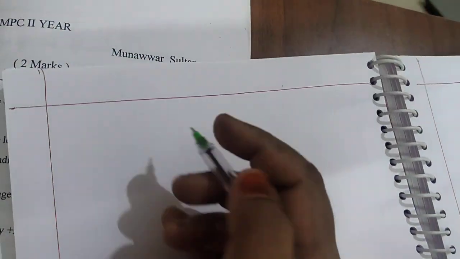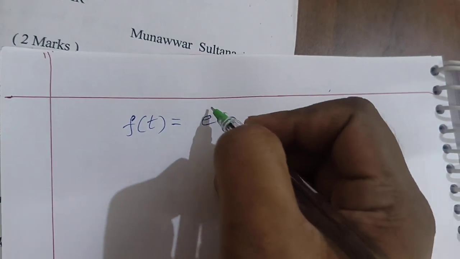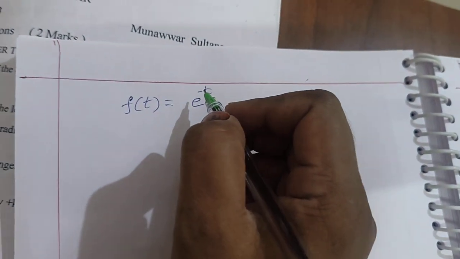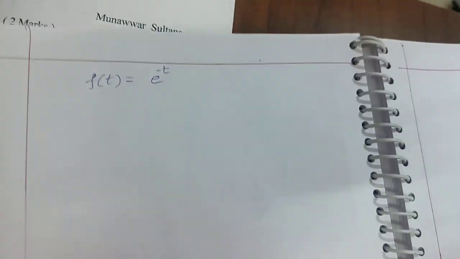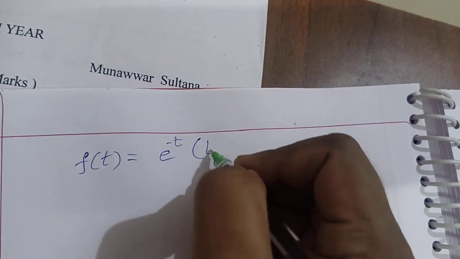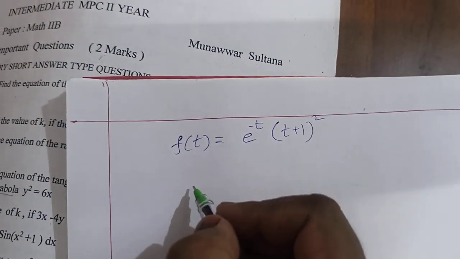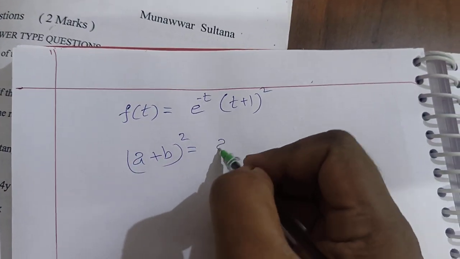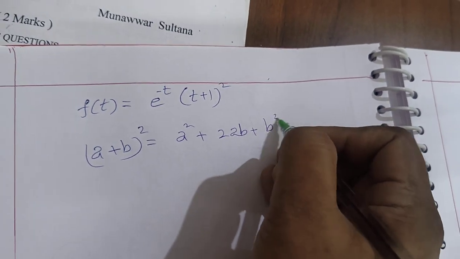So our question is f of t is equal to e power of minus t, minus t means the coefficient of t is minus 1, so the value of a is 1, into t plus 1 whole square. T plus 1 whole square is of the form a plus b whole square, which is equal to a square plus 2ab plus b square.